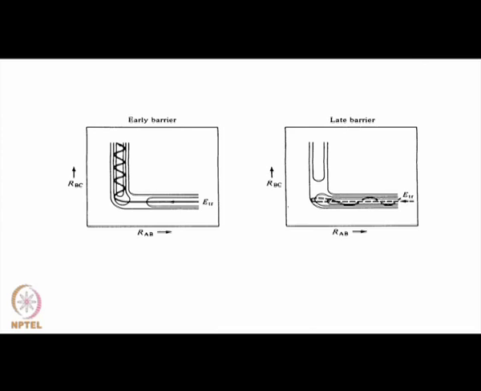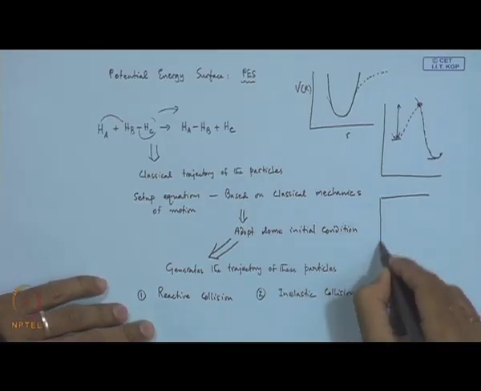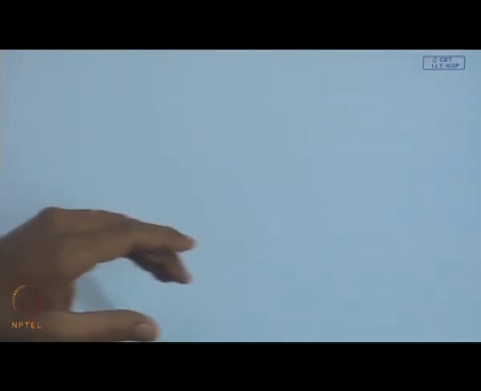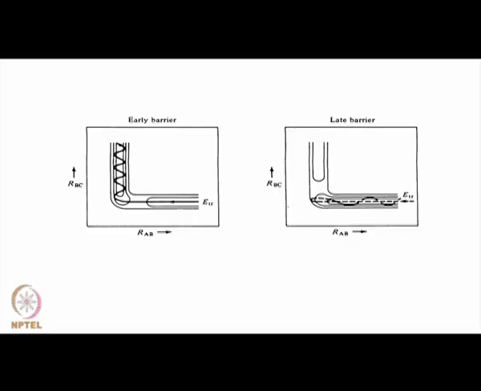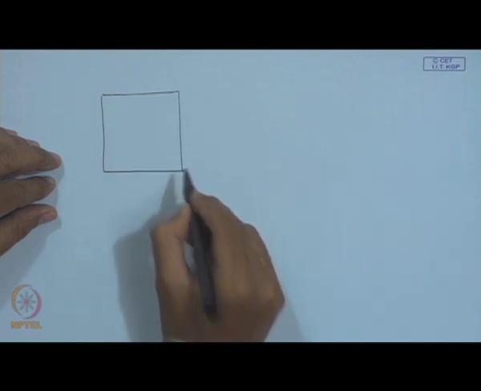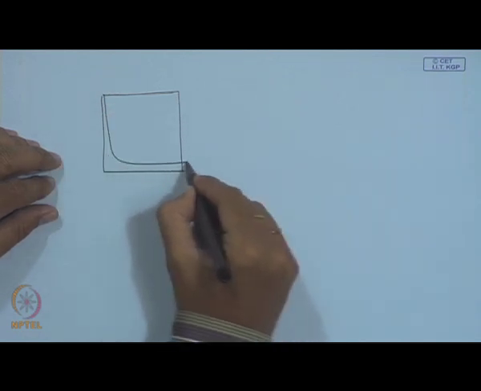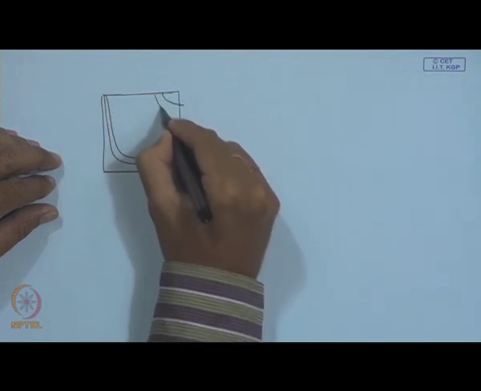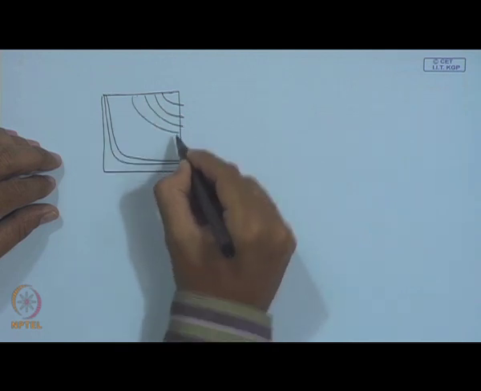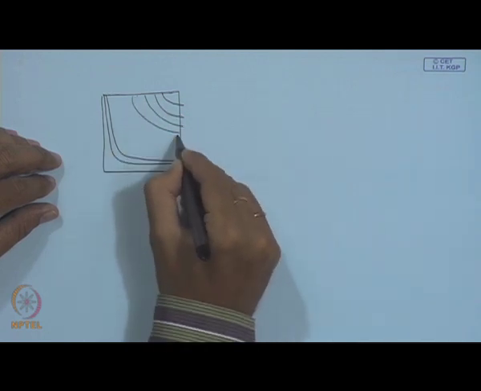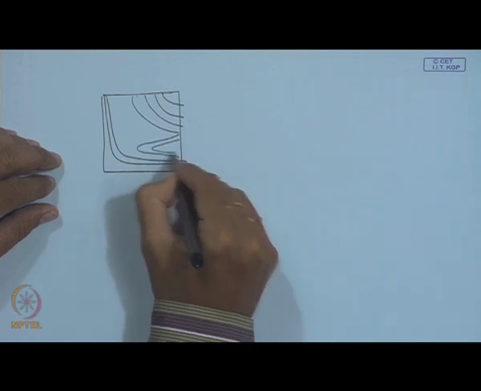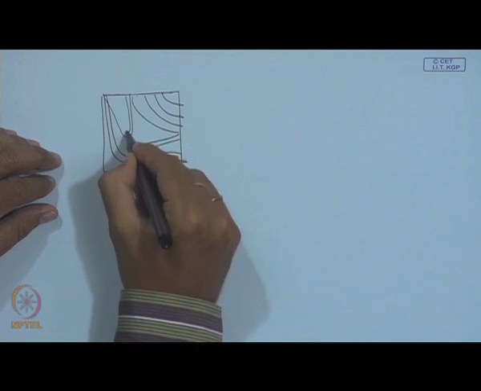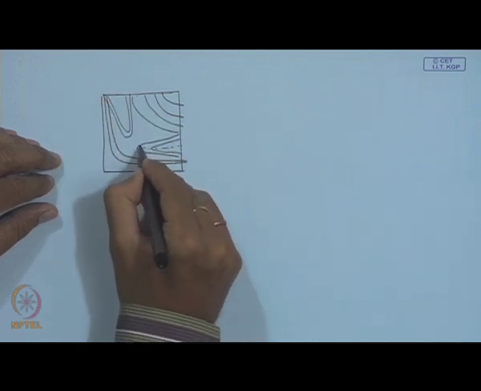Okay. But another point: for a reactive collision, your potential energy surface, let us draw it over here. Maybe like this. Then maybe here. So, it proceeds this way.